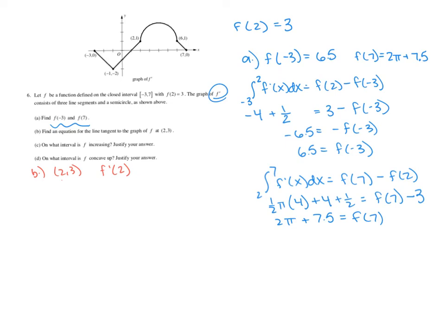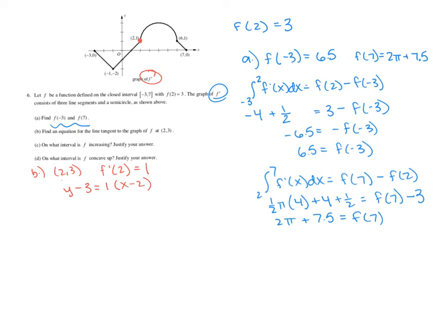So f prime of 2 is just this point, 2, 1. We're looking at f prime. So f prime of 2 is 1, so our tangent line is just y minus 3 equals 1 times x minus 2. And we can just leave it like that. We don't have to worry about simplifying.